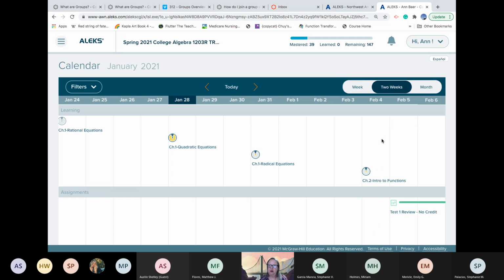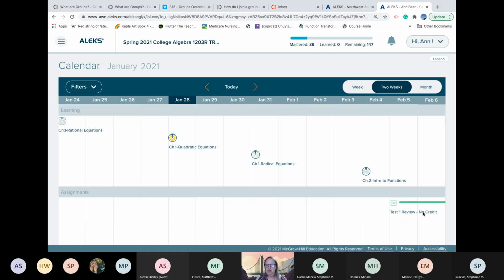The objectives are up here. The assignments that I have created, like the test review, assignment on matrices later in the term are going to appear below here. But this is really February 4th all the way down.